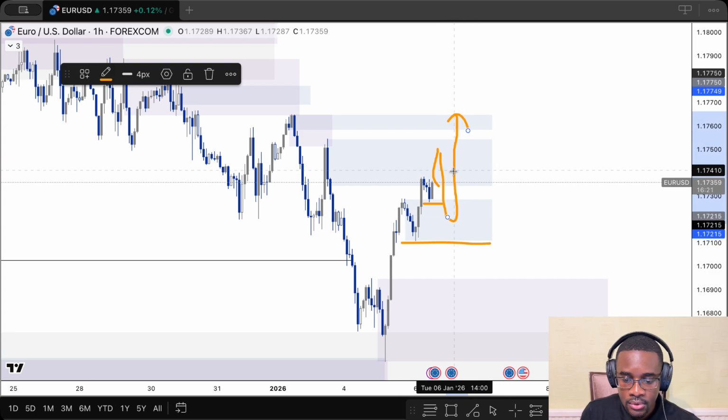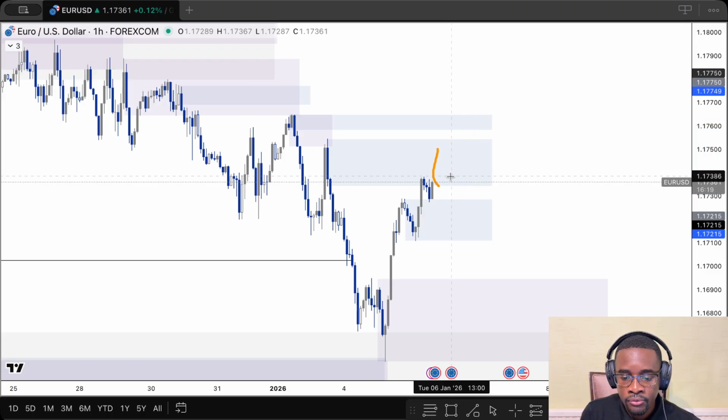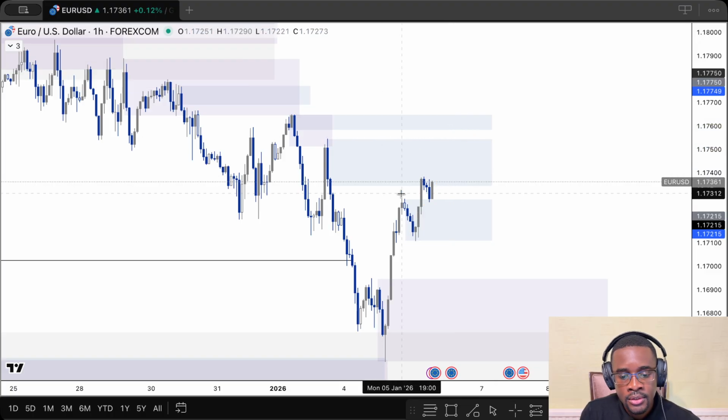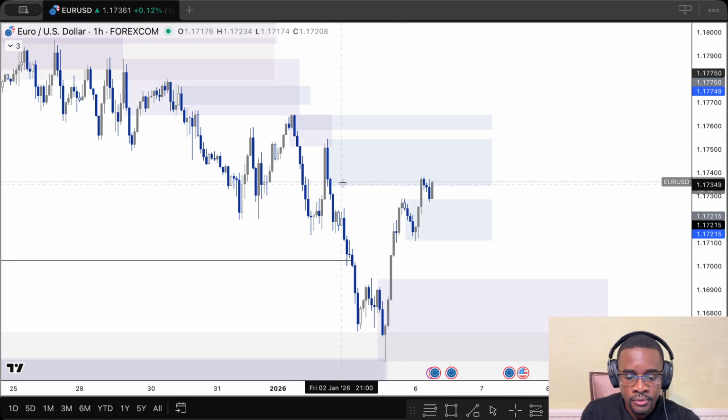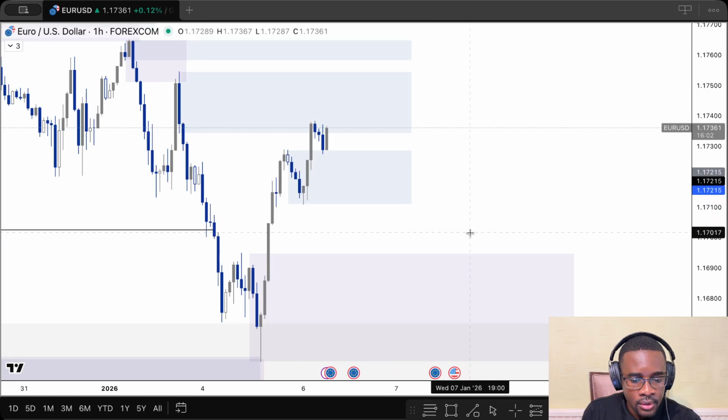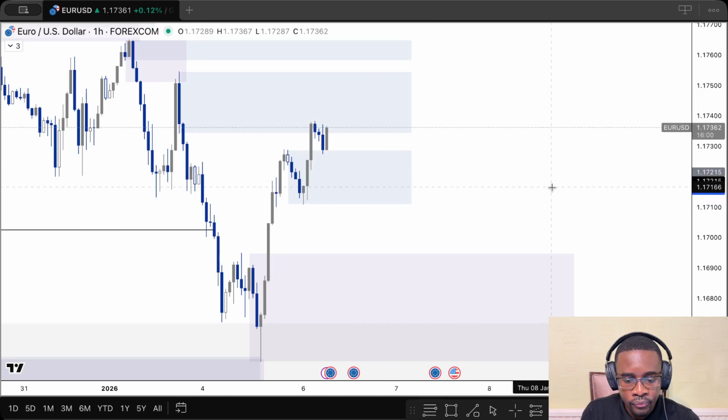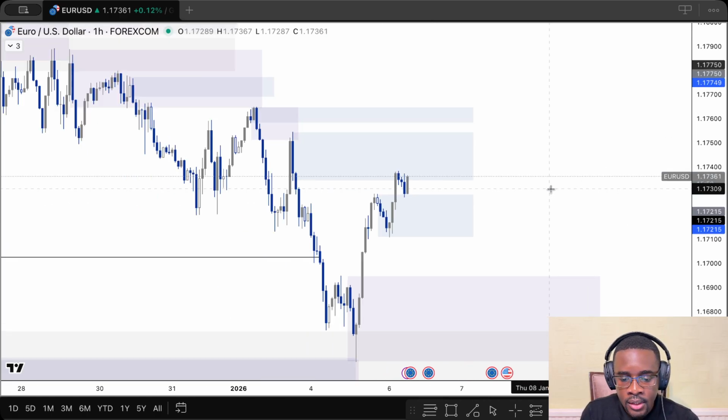So that's a possibility of what could happen, because this is a large supply area as well, and it's fresh, mitigated. So we will see when London opens how price will react.